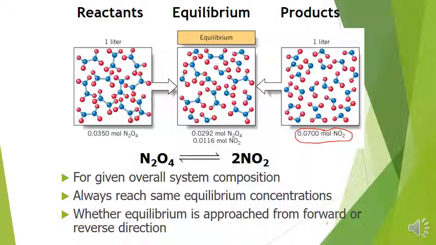This will start making the reactant, and then they'll go back and forth until they hit their amounts that are set for equilibrium. So you could start out with product and go to reactant, or you could go from reactant to product. It really doesn't matter where you start, as it'll always reach equilibrium if you have an isolated system.